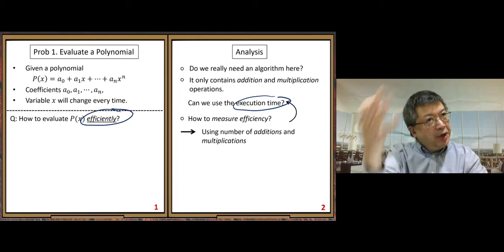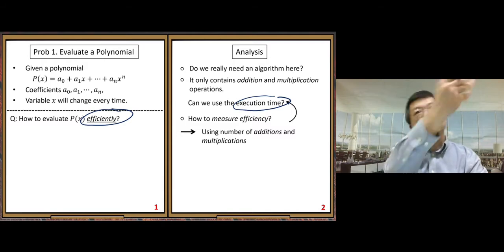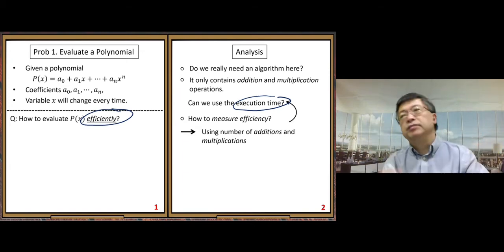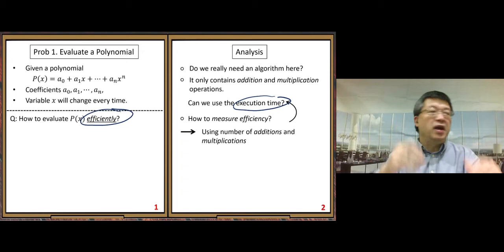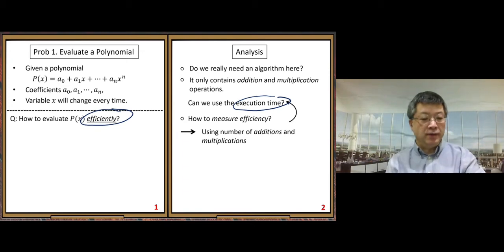If we get that counting number, it does not depend on your machine, so it is a better measure. With it we can compare two different algorithms and get a pretty stable comparison.